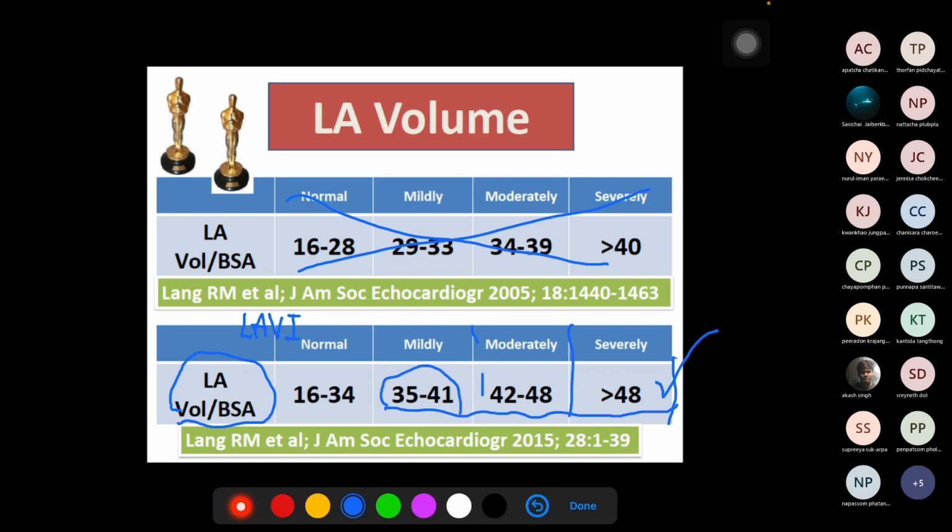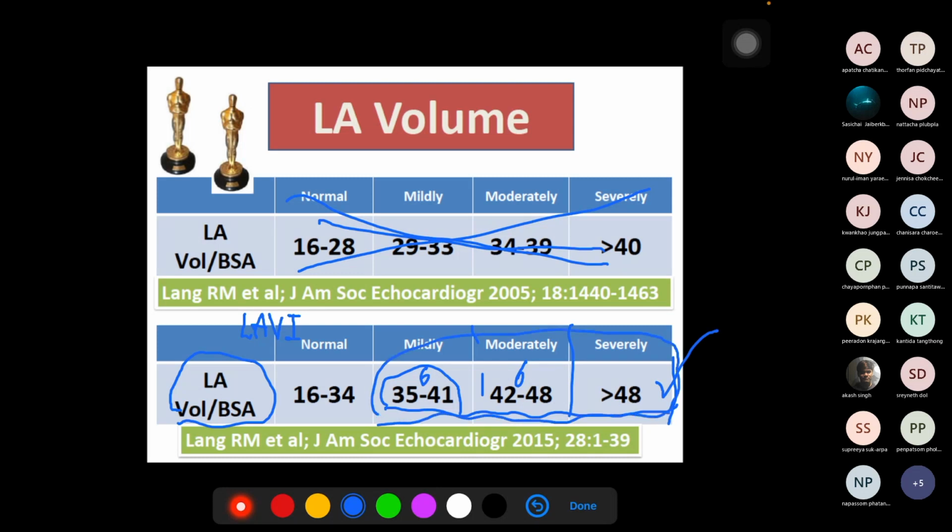You just add about 6 in each category: 35 to 41, 42 to 48, and over 48 is called severely dilated LA. You should remember this number. But the upper one is the old number from the old guideline, so no need to remember it. This is the new one.